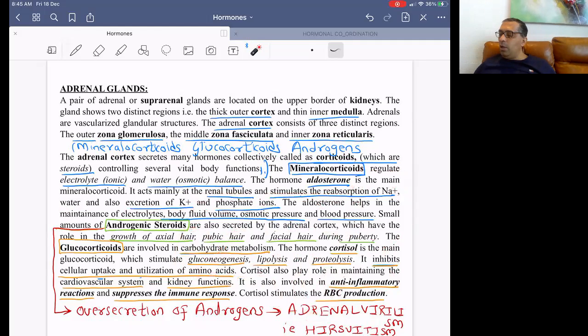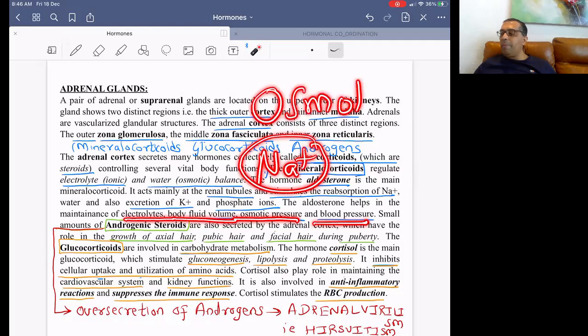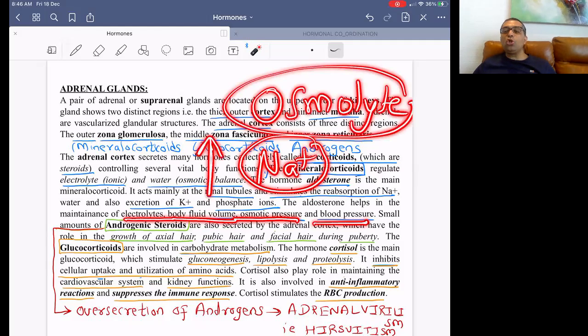Aldosterone helps in maintaining electrolyte balance, body fluid volume, osmotic pressure, and blood pressure. How blood pressure, sir? Sodium is a powerful osmolyte. सोडियम एक पावरफुल ऑस्मोलाइट है. आपके ब्लड में जितना सोडियम होगा, that much more will be the water absorbed.